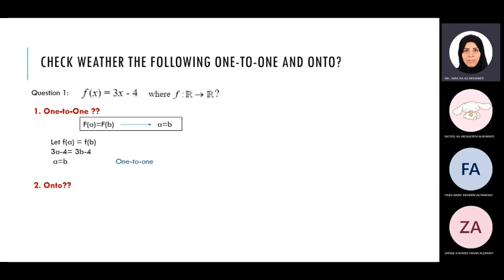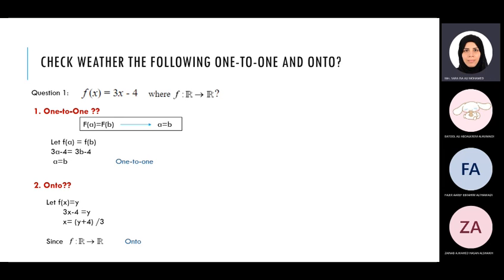Is it onto? Onto means every element in the codomain is an image mapped to an element in the domain. So the codomain consists of the images of 3x minus 4, whatever the value of x. So this is the codomain. Instead of writing f(x), I write y. So I will say this definition is y equal to 3x minus 4.